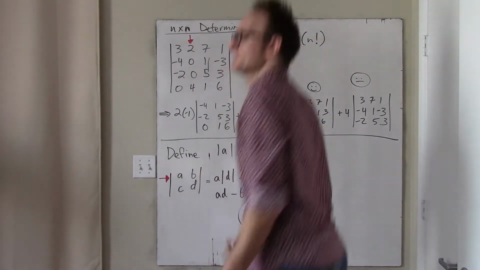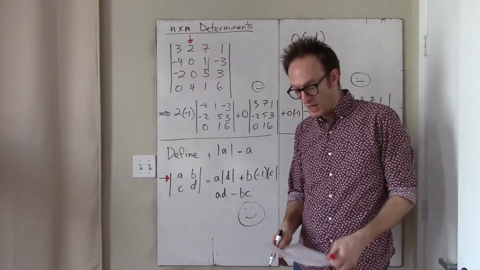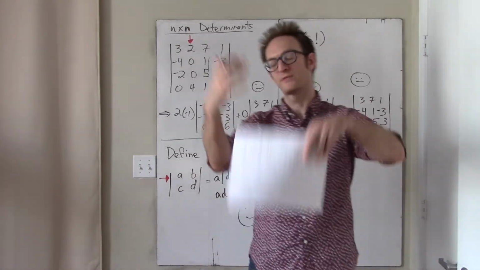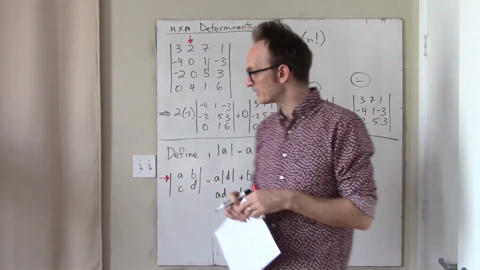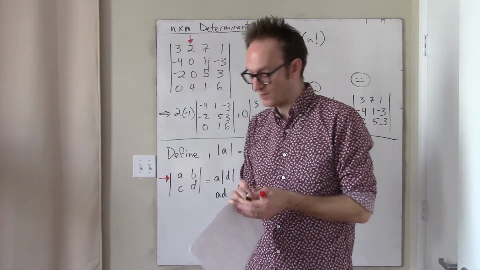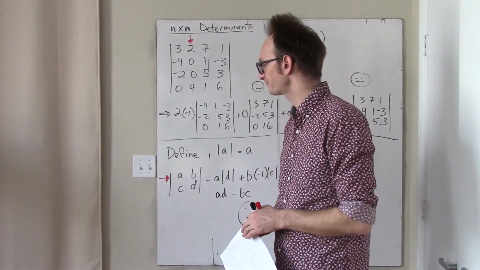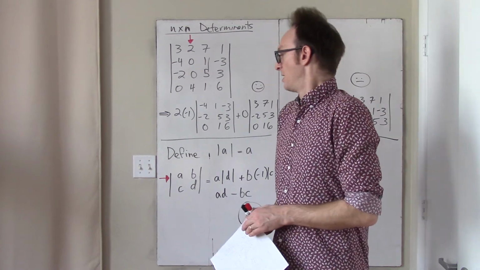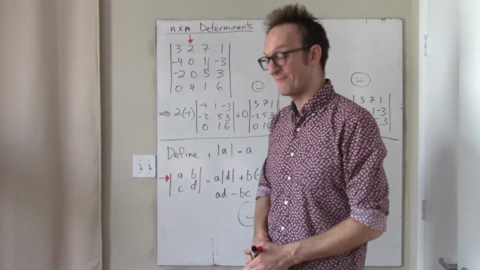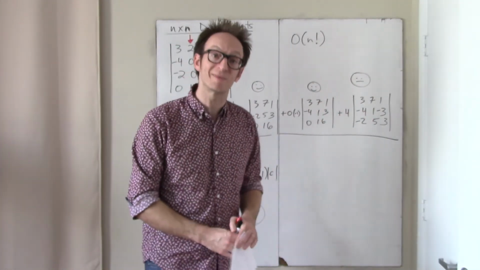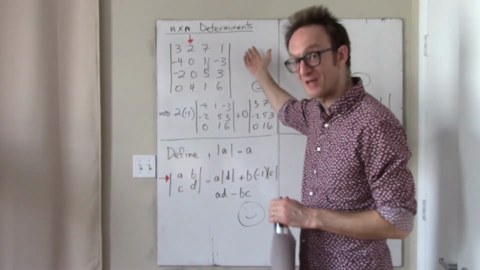In other words, and this is what fancy people do, if you were to type determinant into Wikipedia, it's been a while since I've checked, but once upon a time at least, what you would find is a definition of the determinant. The definition they would give is actually this recursive definition.